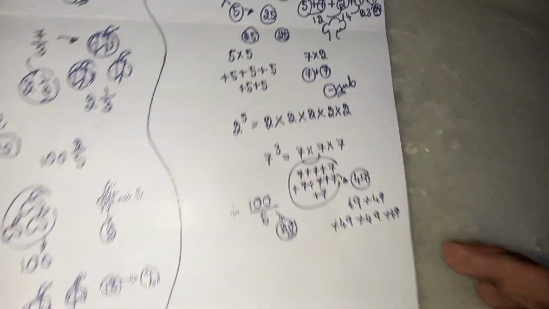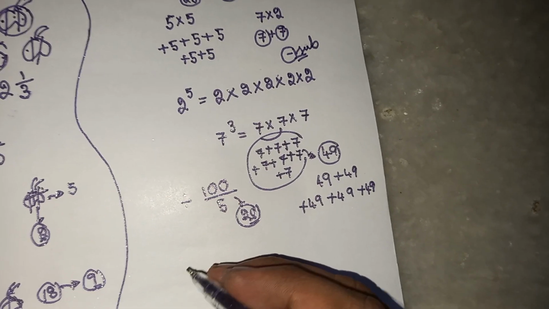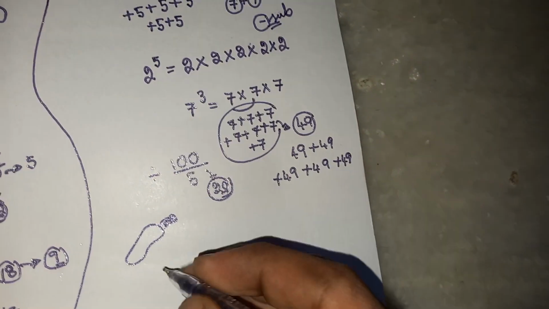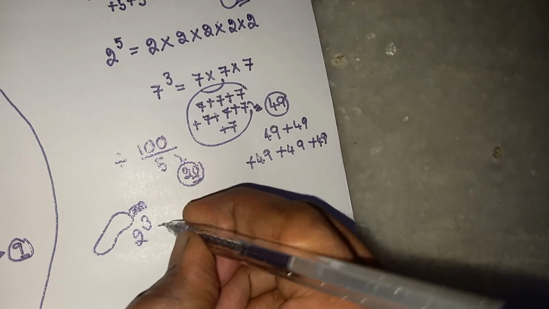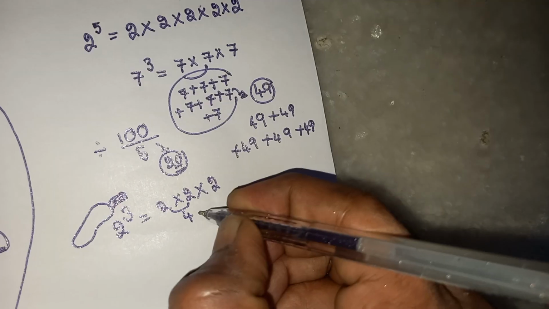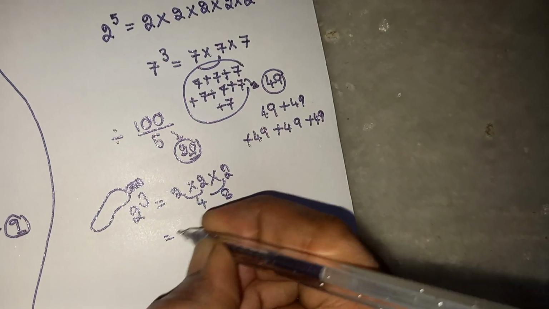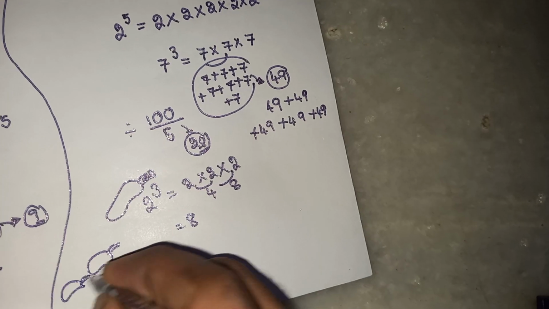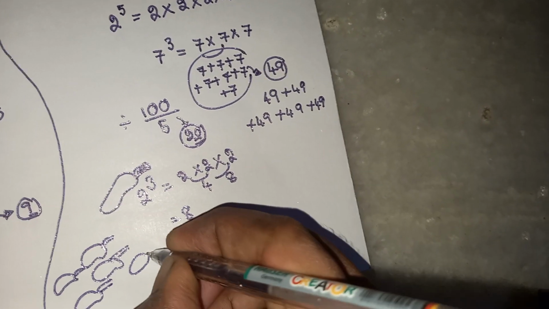Like this you can take different things, like bananas. If you take 2 cubed, it means 2 times 2 times 2, which becomes 2 times 2 is 4, times 2 is 8 bananas. That is a whole lot of bananas to eat all day, a huge number.